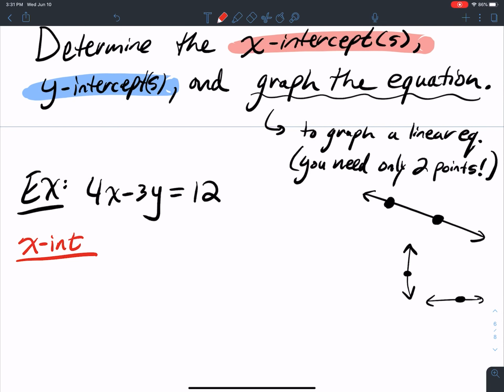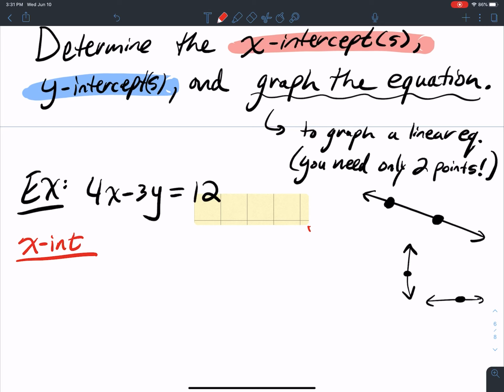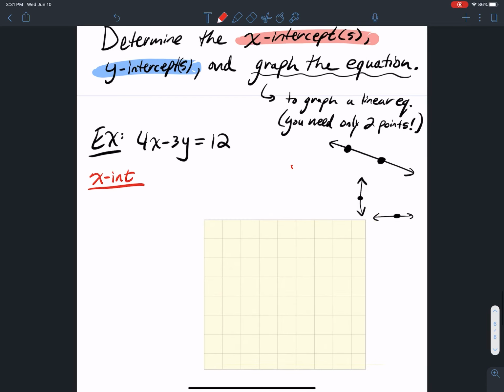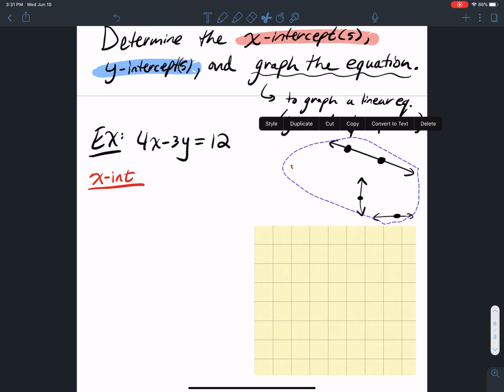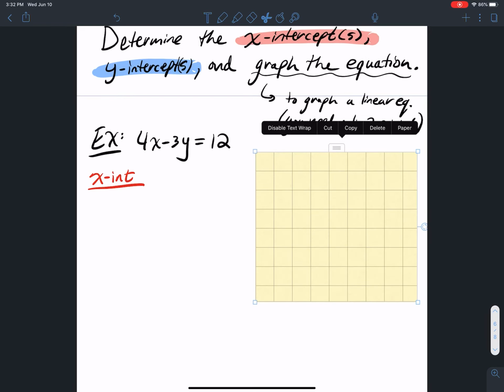Well, let me throw up a little sticky grid. You know what? Let me just get rid of this. That's going to help me out a little bit. 1, 2, 3, and then down 4.